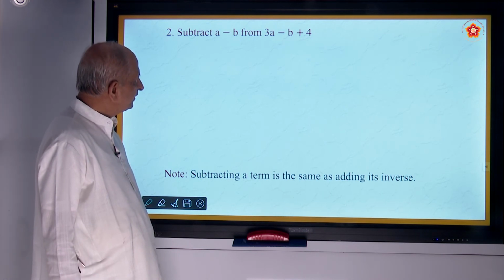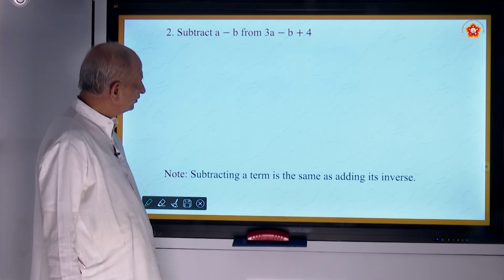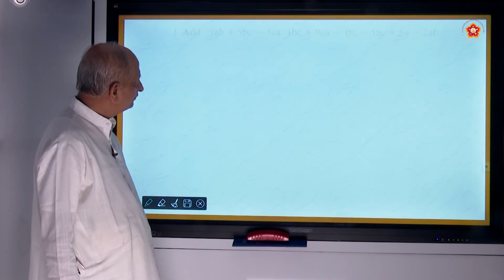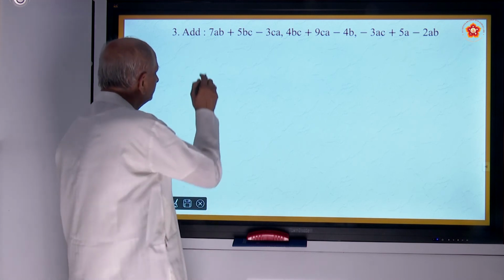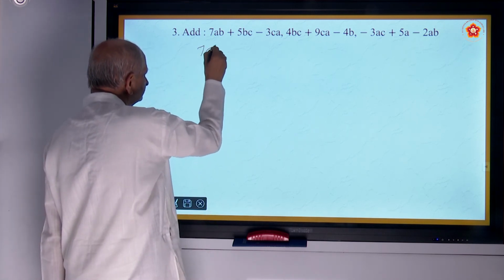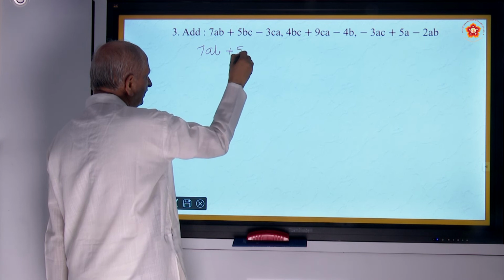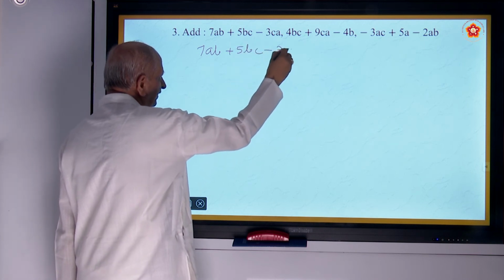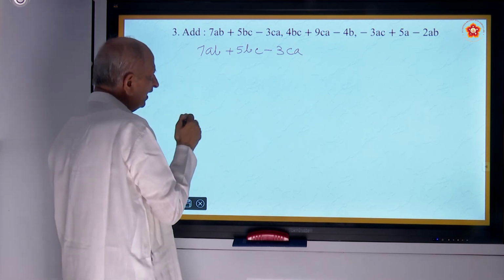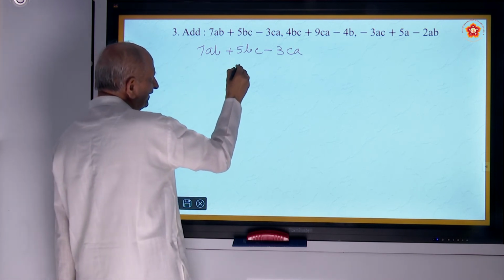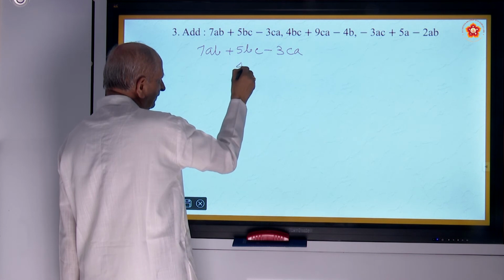Subtract a minus b from 3a minus 2ab, so it's over. Add 7ab plus 5bc minus 3ca, which is given. For this you have to add 4bc, which should be written under bc only.